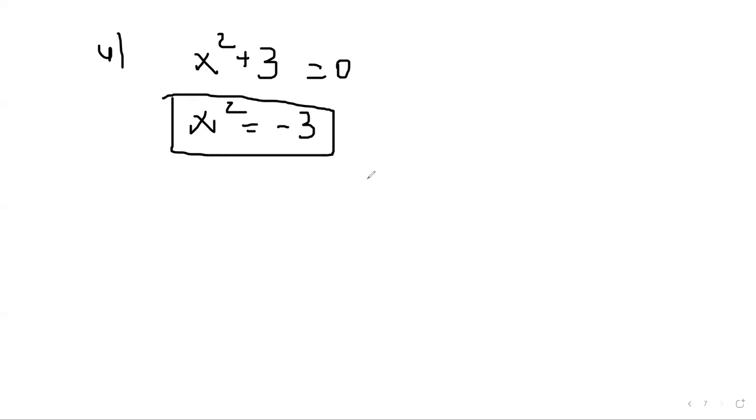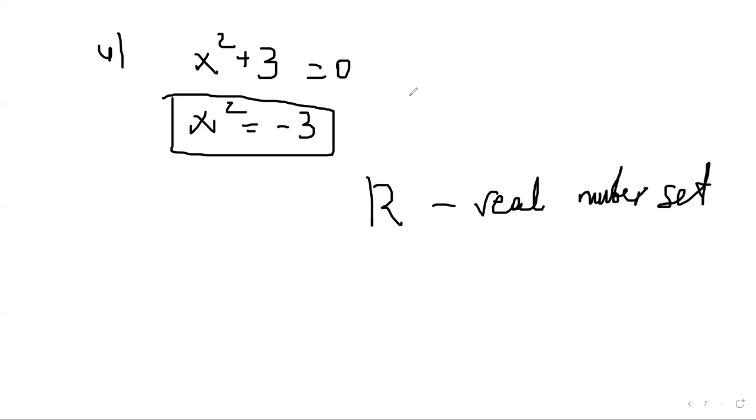However, it doesn't mean that we are always going to have solutions. For example, look at x squared plus 3 equals 0. In this case, x squared equals negative 3. The thing here is that in the real number set, denoted by R, which includes all rational numbers and irrational numbers, so all the numbers we study at school until 10th grade, there is not a number whose square equals negative 3.